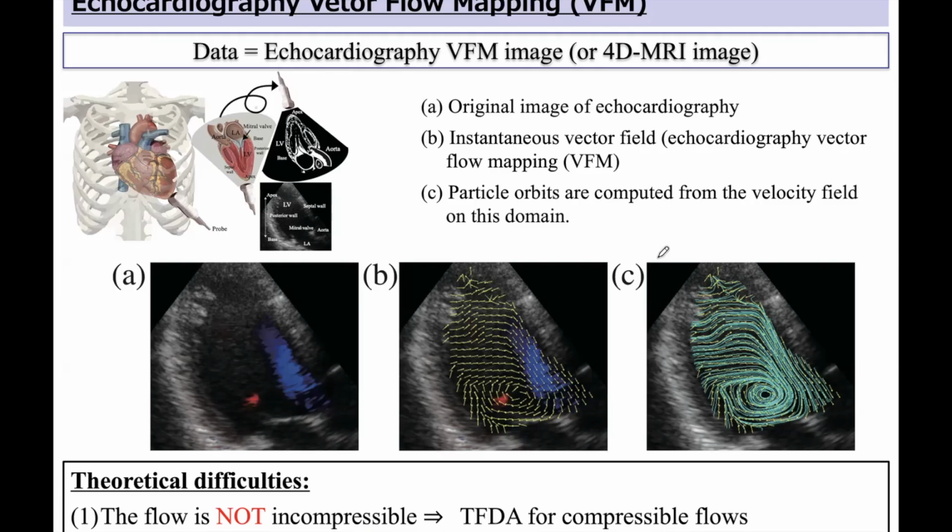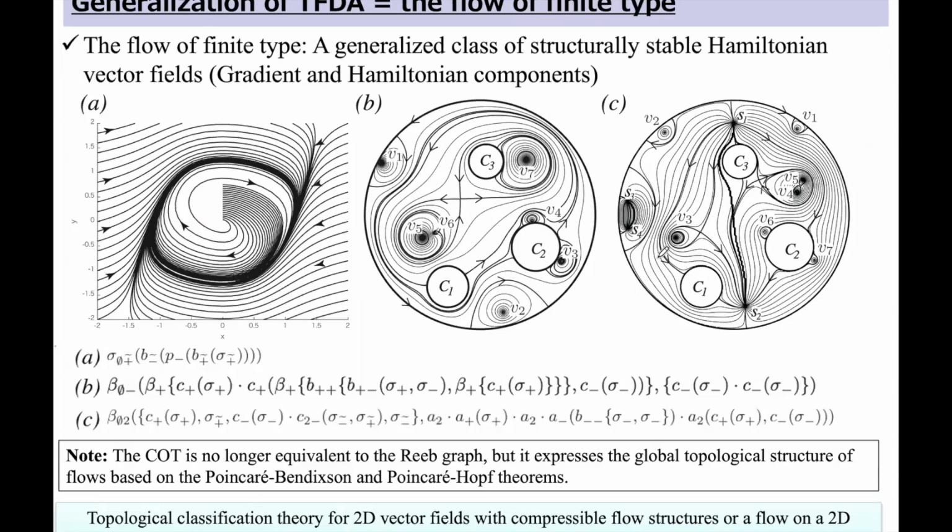To solve these two problems, for the first problem, we generalize the TFDA by introducing a new class of vector field called the flow of finite type. This is a generalized class of structurally stable Hamilton vector fields containing gradient and Hamiltonian components. In this paper, we create a similar theory that converts this topological structure into a COT, like here.